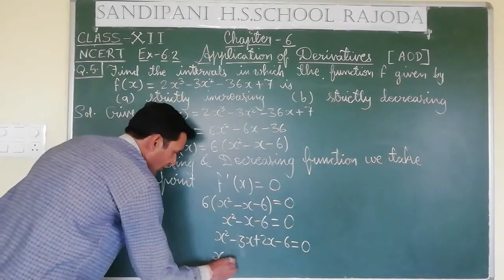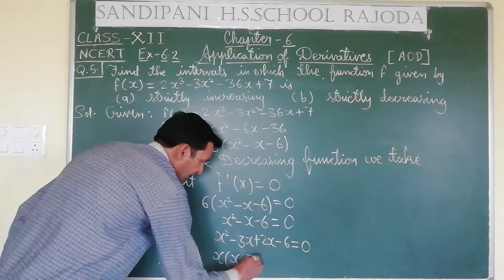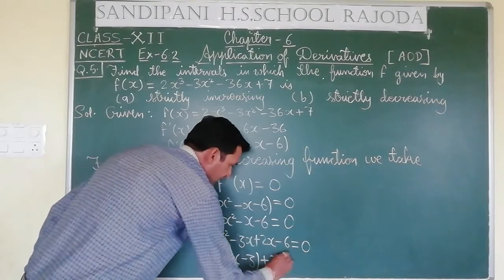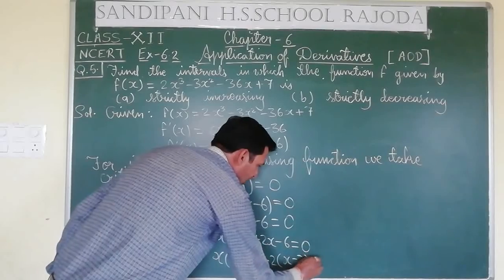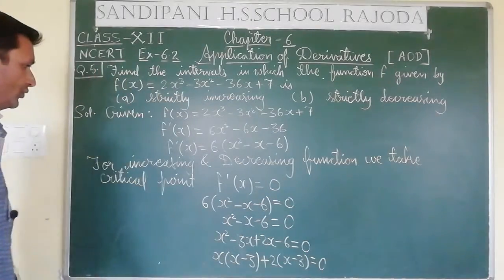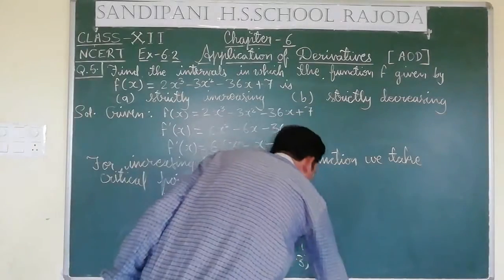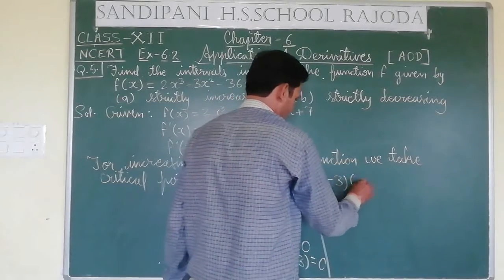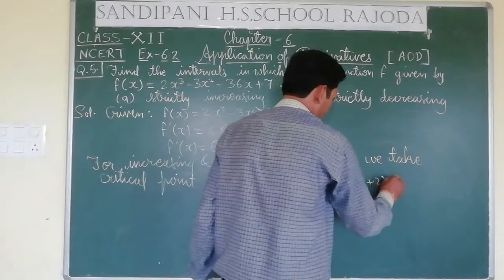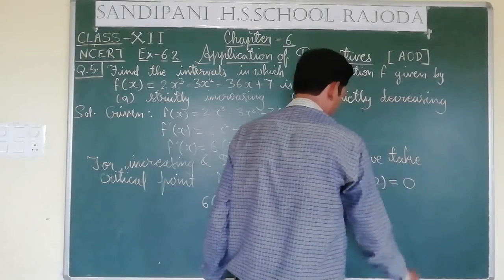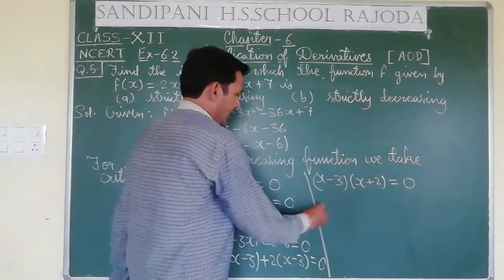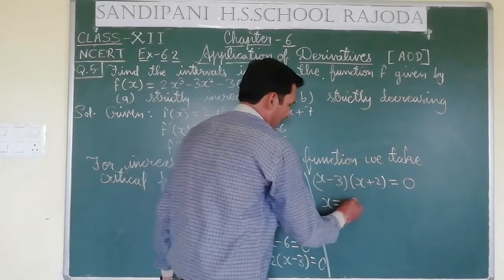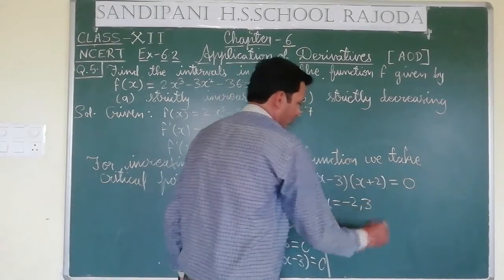So x is taken common, so it will be x minus 3, and here 2 is taken common, then it is x minus 3 is equal to 0. So x minus 3 is taken common, so x plus 2 is equal to 0. Now x is equal to minus 2 comma 3 are the 2 points.